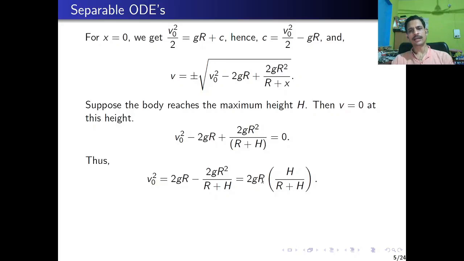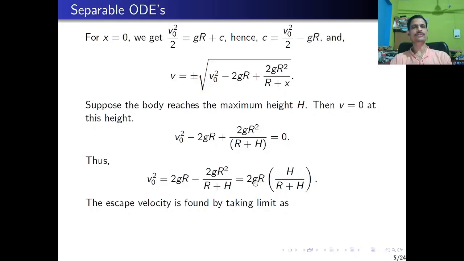Recall that r is the radius of the earth and h is the maximum height that the projectile reaches when released with the inertial velocity of v0. So this is what we were interested in. Now further, this expression is useful in calculating the escape velocity.